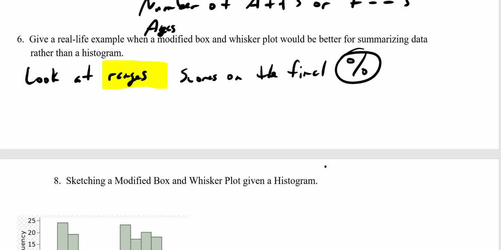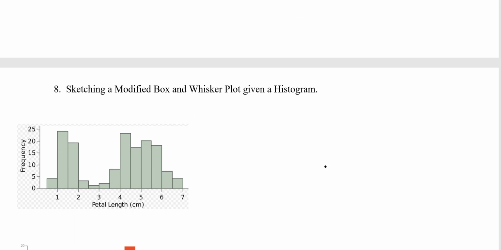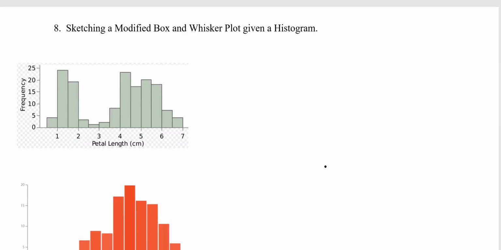All right. Sketching a modified box and whisker plot given a histogram. So this is just some examples that I found on the web of some histograms, and let's try to make a rough sketch of the box and whisker plot. So the first thing I'm going to do is sketch just a normal box here.